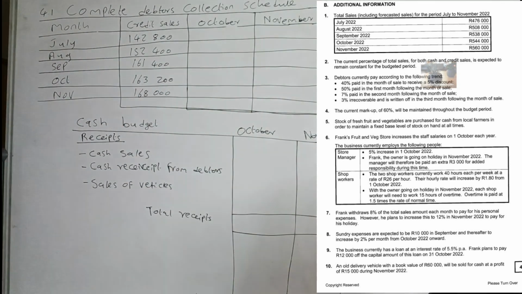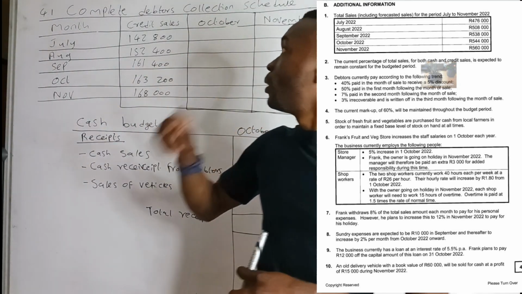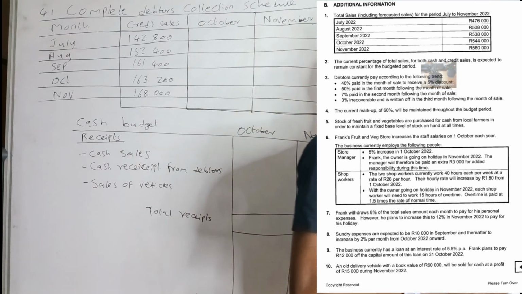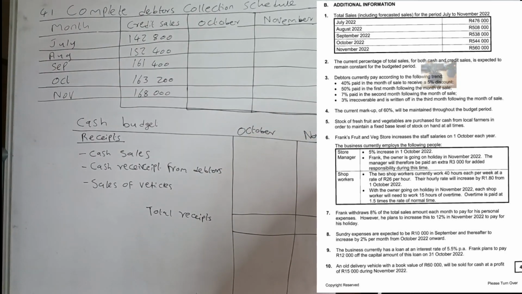Now let's check the information that will assist us to calculate our collection schedule. Let's go to transaction number 2. They said the current percentage of total sales for both cash and credit sales is expected to remain constant, which means that the percentage is not going to change.